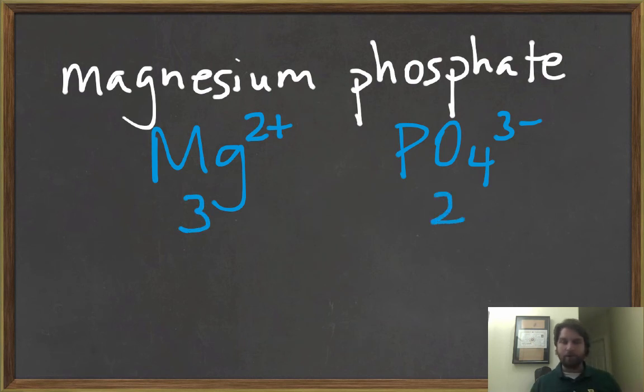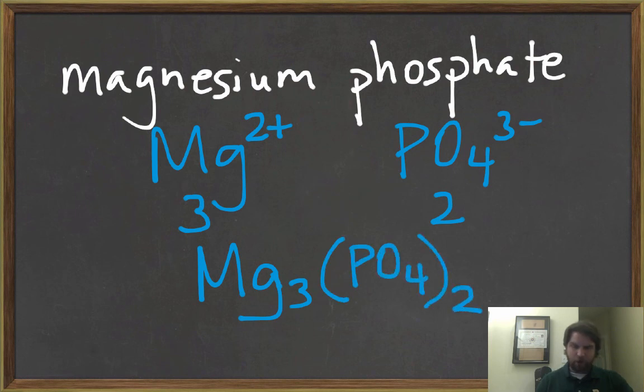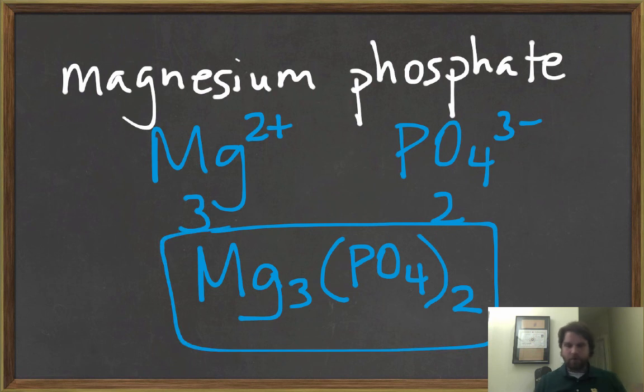The least common multiple of 2 and 3 is 6. So how do I write this? Mg3, and then how do I write 2 phosphates? I put PO4 in parentheses, and I put that 2 on the outside of the parentheses, just so that I know I need 2 of these PO4s. So this would be the way to do it, using those oxidation numbers to come up with the correct ratio for your formula.